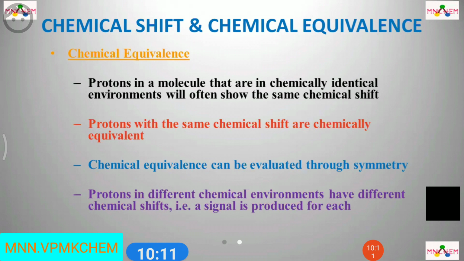So protons with the same chemical shift are chemically equivalent, and this chemical equivalence can be evaluated through symmetry. Whereas protons in different chemical environments have different chemical shifts. So a signal is produced for each kind of proton.